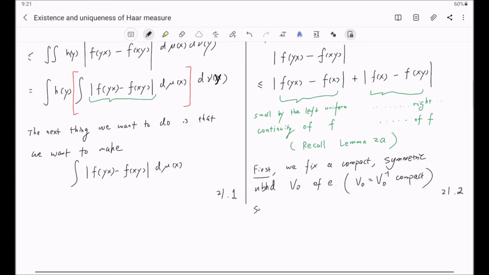And second, because of our lemma 2a, the uniform continuity: for any epsilon greater than 0, there exists a compact, symmetric neighborhood V sub epsilon f containing the identity element.